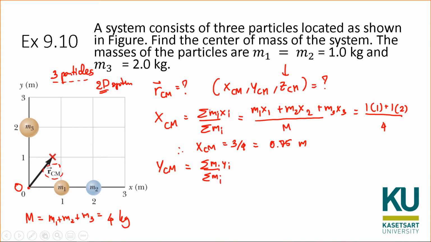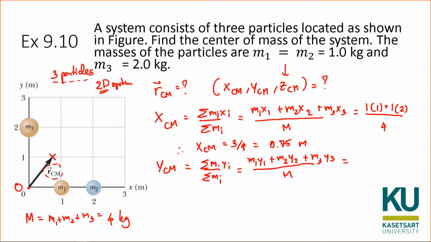Sorry that I'm not changing the color of the pens, because there is some problem with this pen. I cannot change color or use any eraser now, so I'll try to do my best. So this is M1Y1 plus M2Y2 plus M3Y3 over big M.